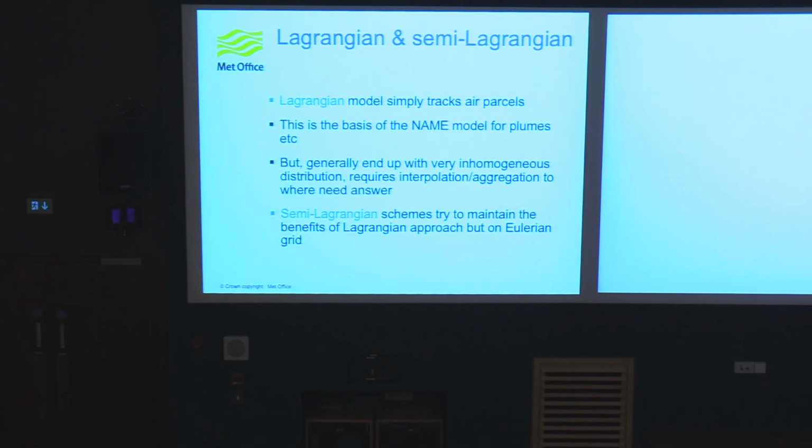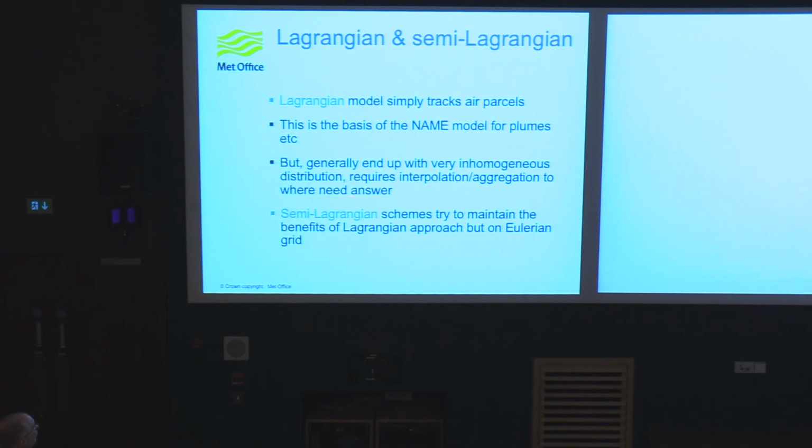There are some disadvantages to that, and what can happen is that we can end up with a very inhomogeneous distribution. So we can get clustering of particles perhaps near boundaries or in areas of convergence. We end up with very few parcels of air elsewhere where we might still want to know what's going on. And so we end up having to do some interpolation or aggregation to where we need the answer.